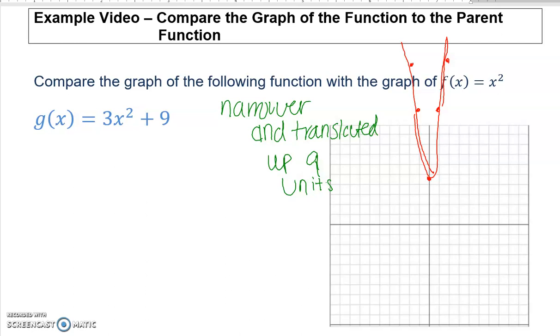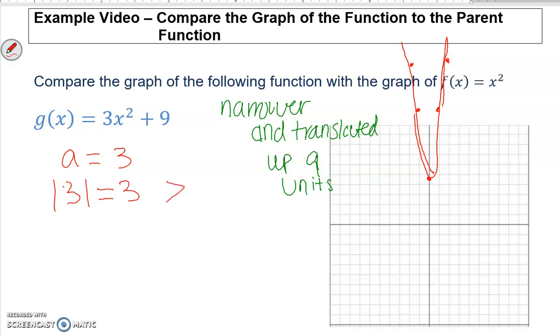So we're going to look for our a value here. So our a value is 3, and the absolute value of 3 is 3. And that is greater than 1.